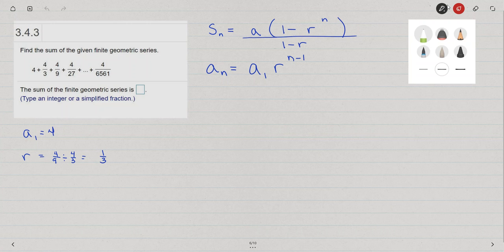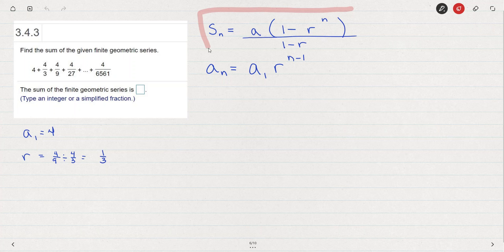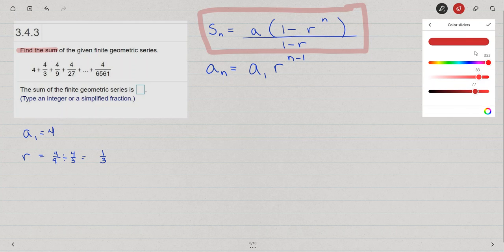Let me highlight them so that you can see what I'm referring to. This first formula gives us the sum, and that's what this question is asking us to calculate, a sum. But if you look at what we need from this formula, we're going to need to know the first term.